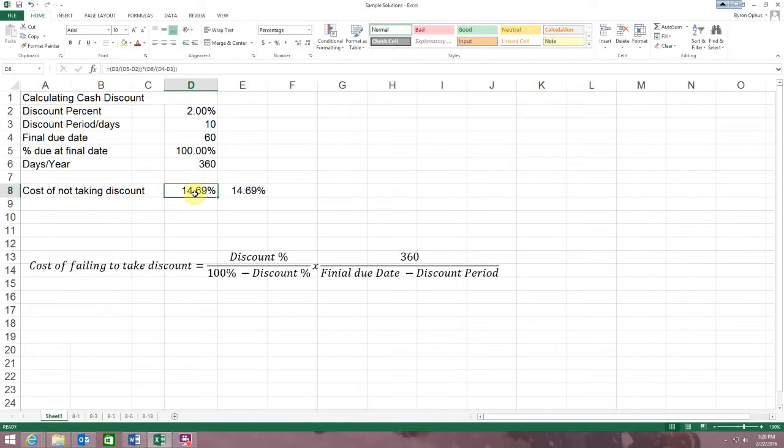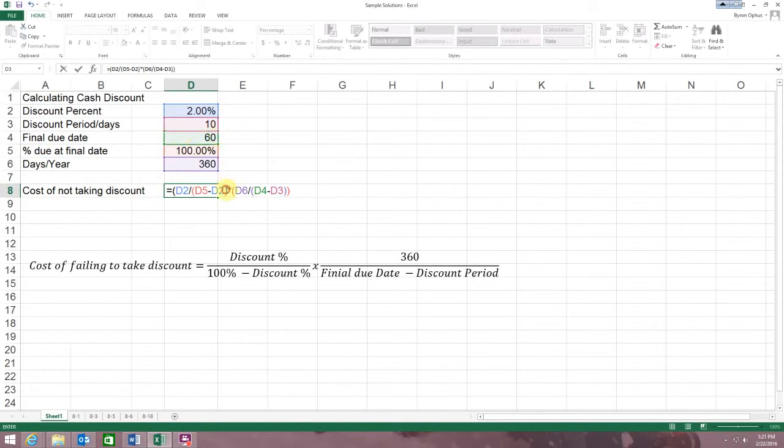Okay, but we can put that all in a formula, and we can say it's equal to, we're going to need some parentheses here, but the discount percent divided by the 100% minus the discount percent. So I need another percentage, and I got my 100% here, so I can do that minus my discount percent, and then take all that times, and I'm going to need some parentheses, 360, which I have up here, divided by parentheses the final due date, or 60, minus the 10, and I'll need a couple parentheses.